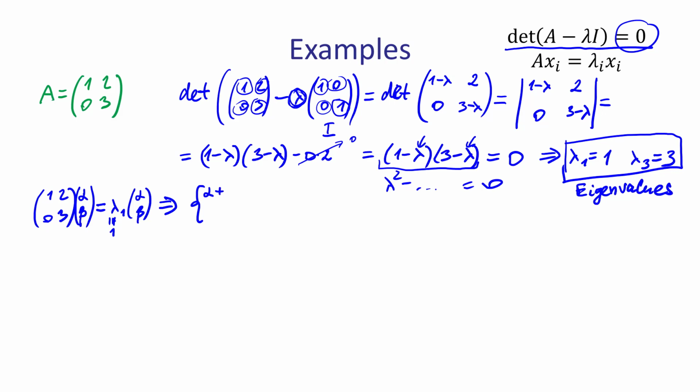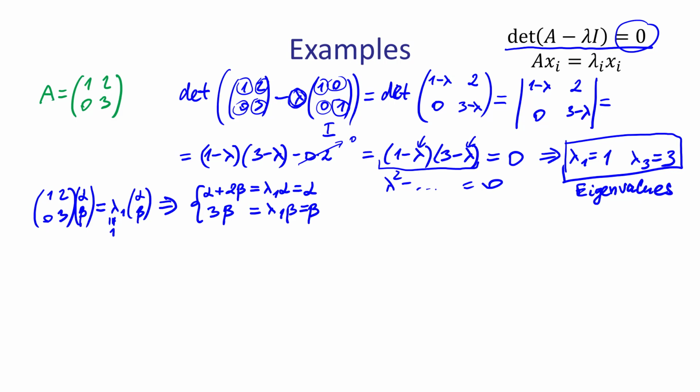Alpha plus twice beta equals lambda 1 alpha, which equals alpha, since lambda 1 is 1. Now the second one is 0 multiplied by alpha plus 3 multiplied by beta equals lambda 1 multiplied by beta, and this is also beta.